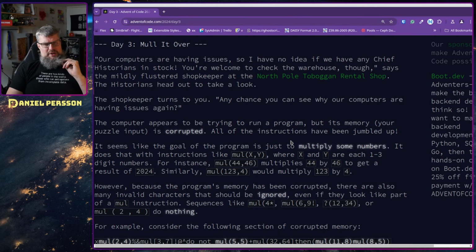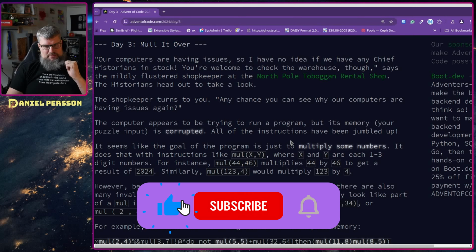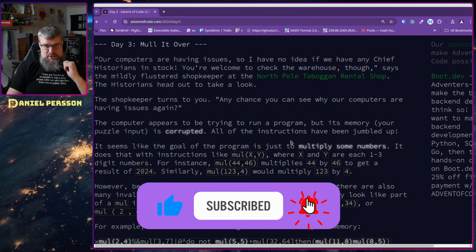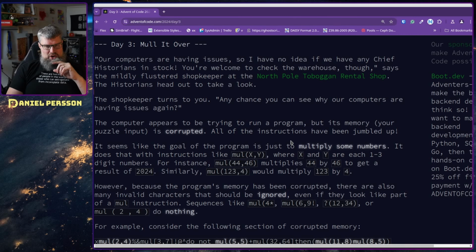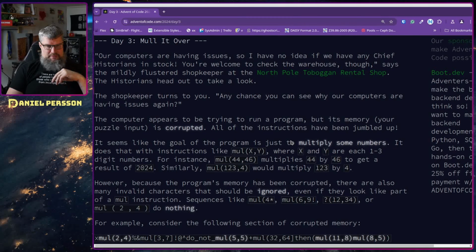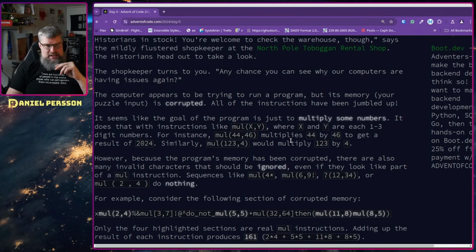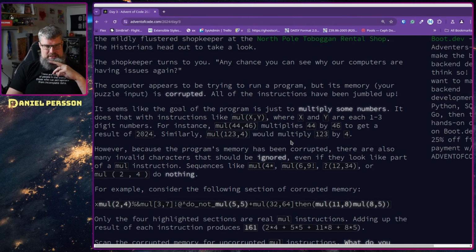The computers appear to be trying to run a program, but the memory, your puzzle input, is corrupted. All the instructions have been jumbled up. It seems like the goal of the program is just to multiply some numbers. It does that with instructions like mul(x,y), where x and y are each 1-3 digit numbers.